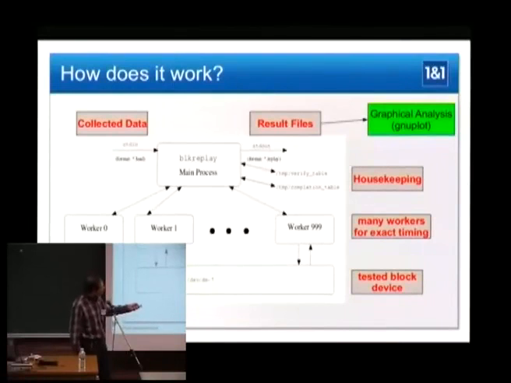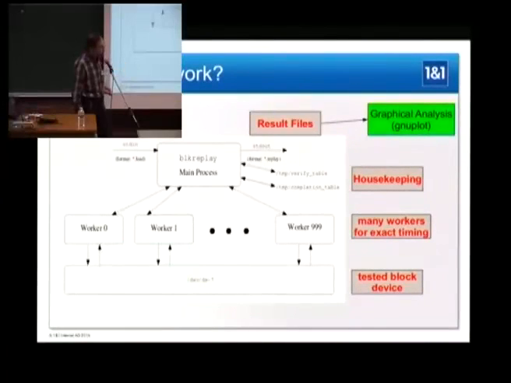There's a bit of housekeeping here, and the results are being written out on standard out. So you can pipe data through that or use files for that, whatever you like. The result files are then processed by any tool you like. We deliver a set of scripts that are using GNU plot, and you get a bunch of nice graphs out of that.